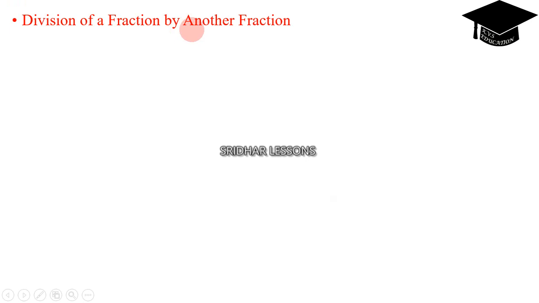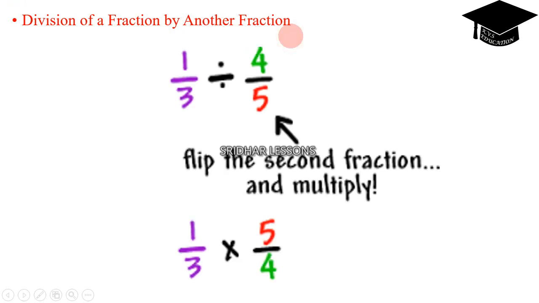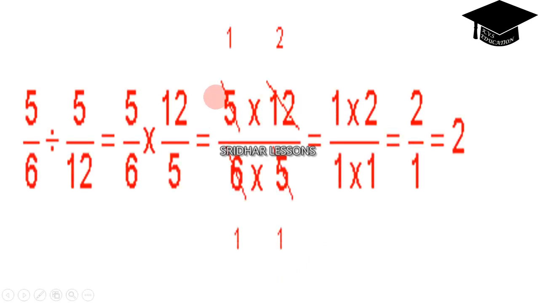Division of a fraction by another fraction. One more example. 1 by 3 divided by 4 by 5. So we have 1 by 3 into, we flip the second fraction and multiply, so 5 by 4. This is one more example. 5 by 6 divided by 5 by 12.